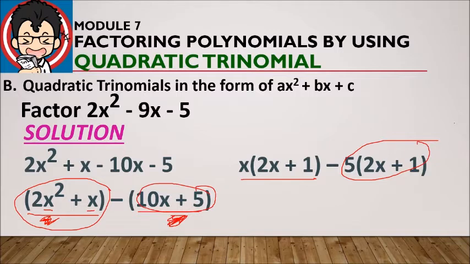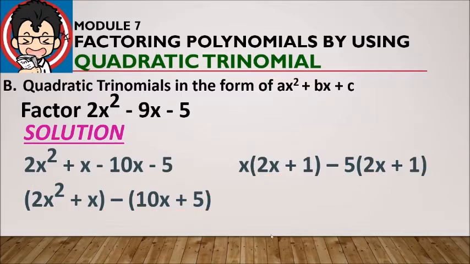Now, anong mapapansin ninyo, di ba? Pansin ba ninyo na for the first term, ayan o, pareha silang may 2x plus 1. At ganun din dito sa kabila. Alright? So, anong gagawin natin dyan? Notice na each term may 2x plus 1. Sabi ko nga kanina, di ba? Factor that out para makuha natin yung final result.